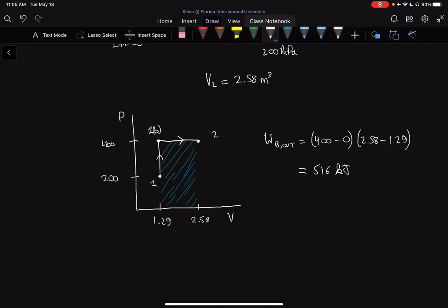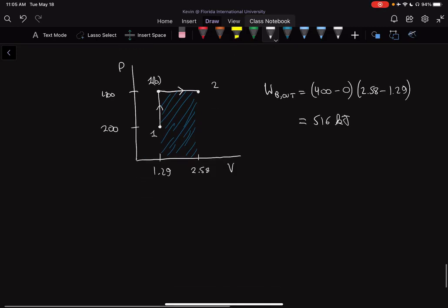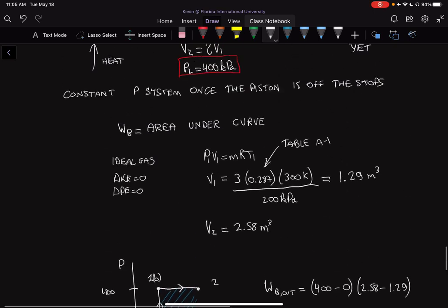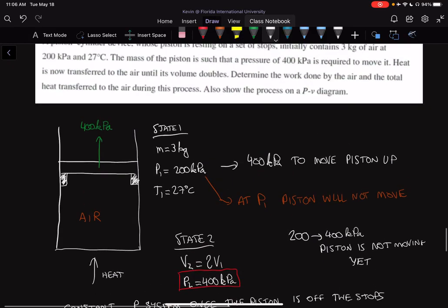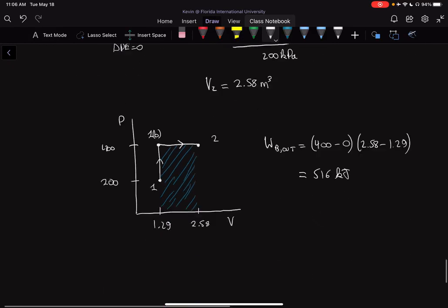Okay? Now, going back to our first law equation, we can work out what our first law would be for the total heat transfer.